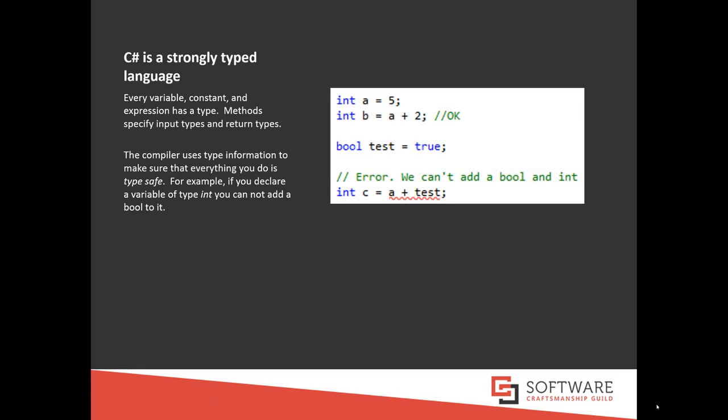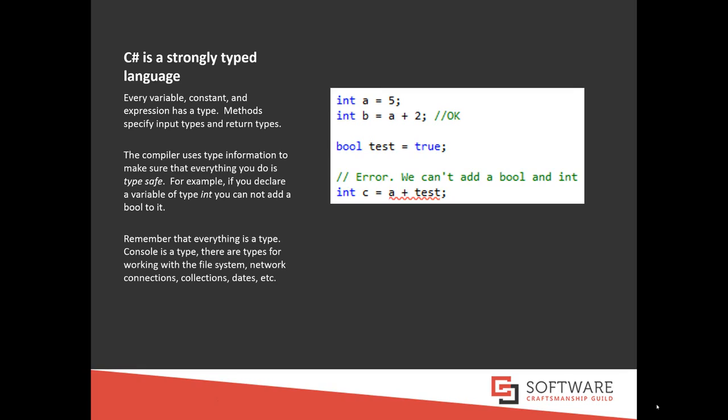So in this block of code, I declare an integer a and I set it equal to 5. I can declare a second integer b and set it equal to a plus 2. That's perfectly fine. B would have the value of 7. Then I can declare a boolean called test, and I can assign it the value true. And if I try to say int c equals a plus test, Visual Studio is going to underline it in red because we can't add 5 to the value true. That doesn't make any sense.